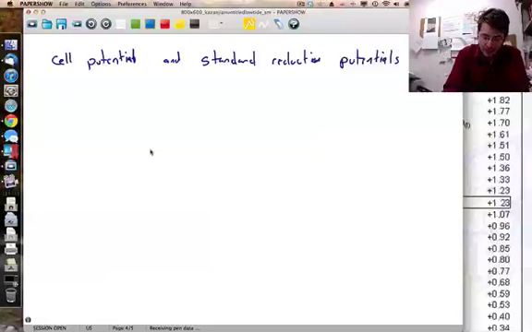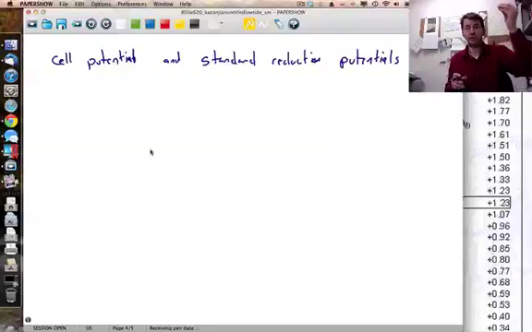So a standard reduction potential: it turns out that potential is relative. Like gravitational potential, it depends on where you start, how high you are compared to how low you are. So we can set a base sea level.